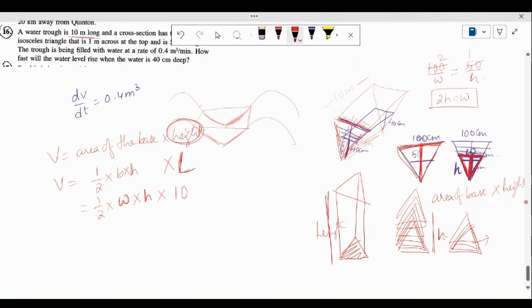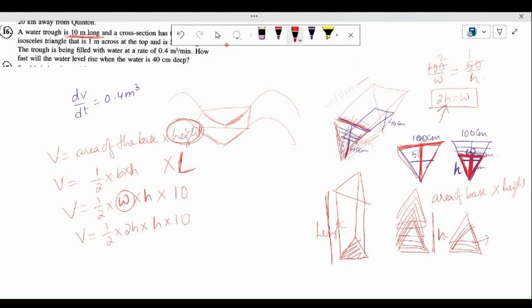Here it is given 10 meters long. And this is V. So we got the W value now, that is 2H. So write 2H there. So V is equal to half into 2H into H into 10.